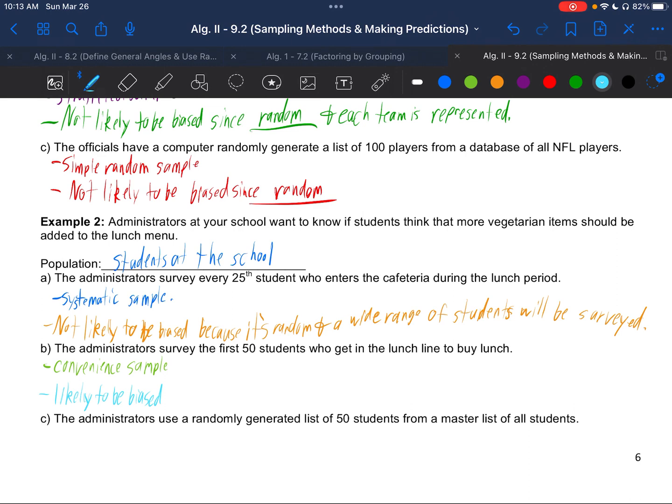And there's a few reasons. One, it doesn't include students who don't buy lunch, because maybe they would start buying lunch if there were more vegetarian options.